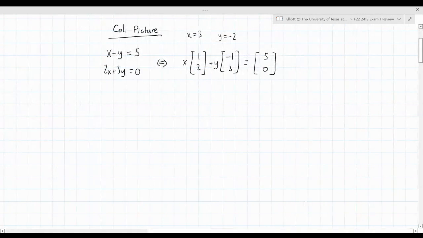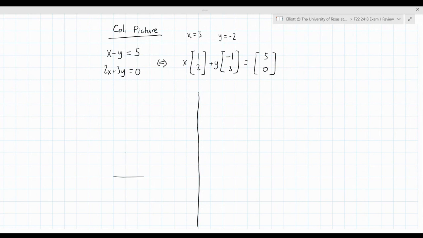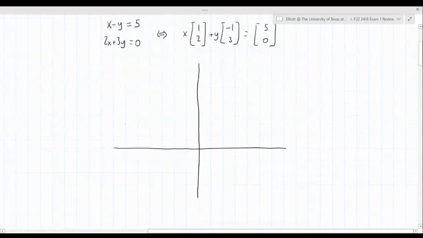Okay, so here's how the column picture works. So let me draw my axes again. Let's see here, it might be better to start lower. Okay, so what I'm going to do in the column picture is start by drawing the vectors 1, 2, and -1, 3.